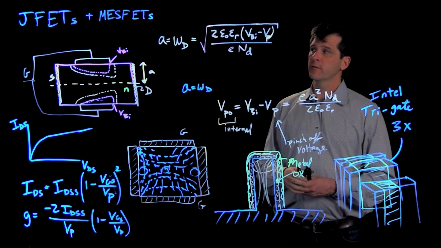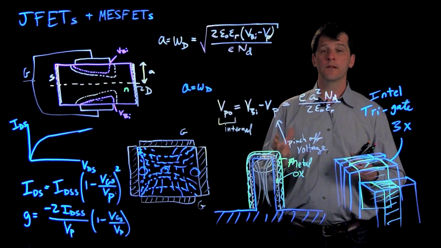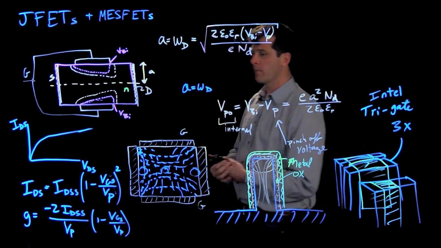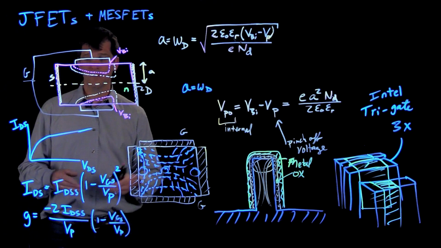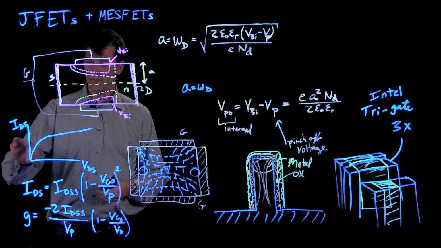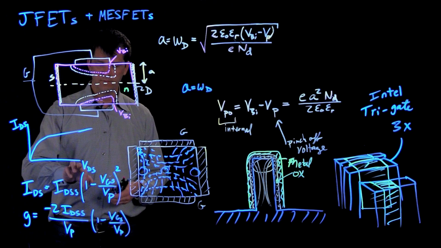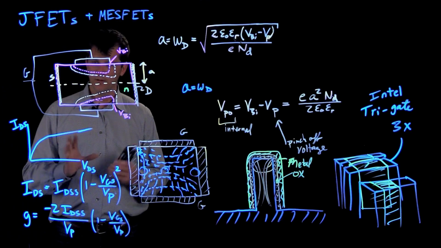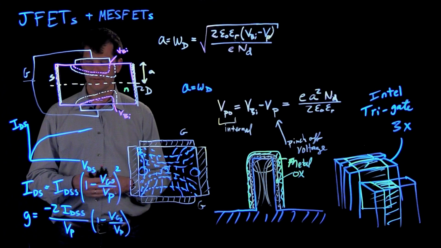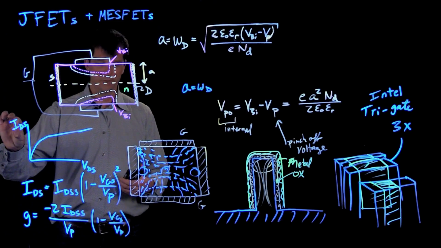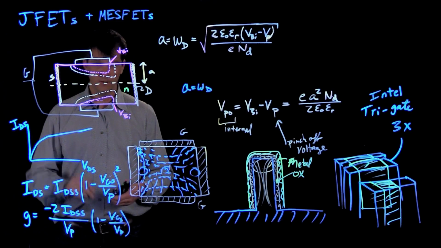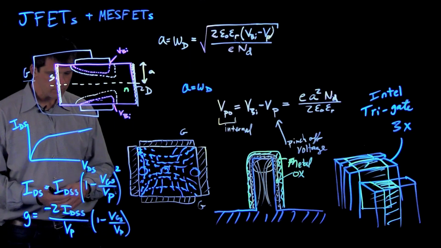So before we finish with this discussion of JFETs and MESFETs, let's take a look at some very basic equations governing the relationship between drain and source current and voltage, and then the transconductance, which relates the drain source current to the gate voltage.